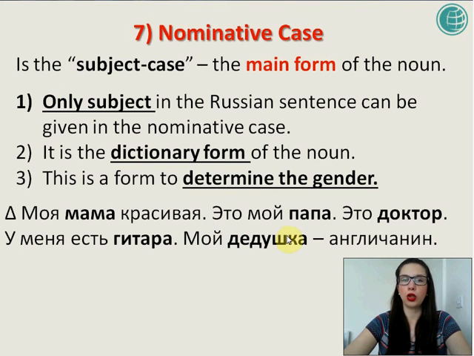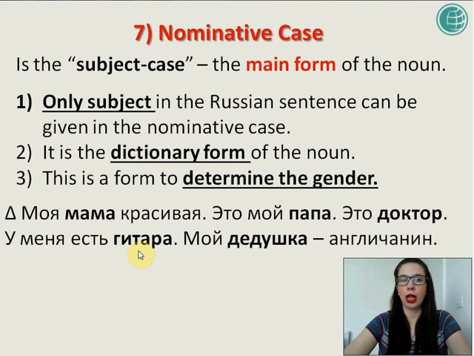Мой дедушка англичанин. My grandfather is English. Дедушка, grandfather, we are talking about him in this sentence. Дедушка is the subject and it is a nominative case. And the last sentence which I missed. У меня есть гитара.